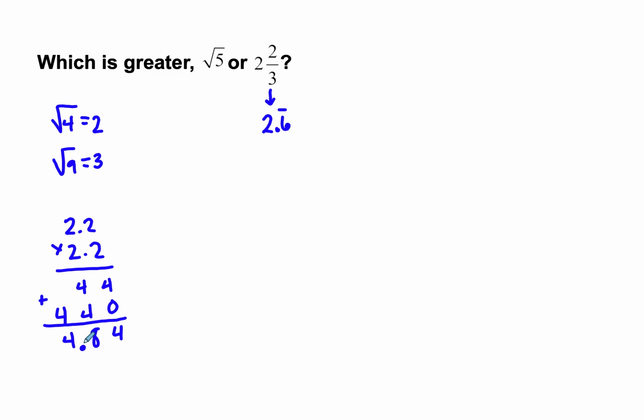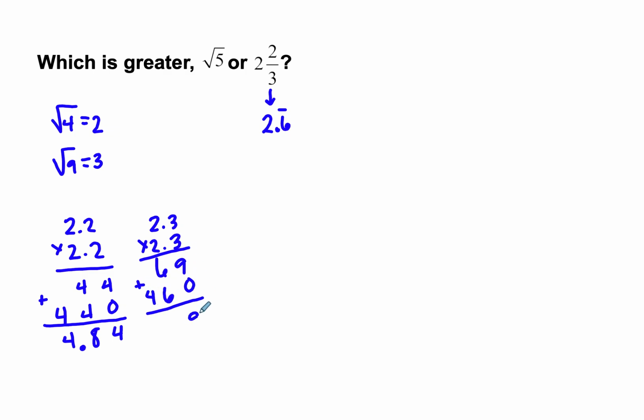That's only about 16 hundredths away. So it's going to be very close to 2.2. Let's see, does it round to 2.2 or 2.3? We've got to double check here. Okay, so 3 times 3 is 9. 3 times 2 is 6. Placeholder 0. 3 times 2 is 6. 2 times 2 is 4.